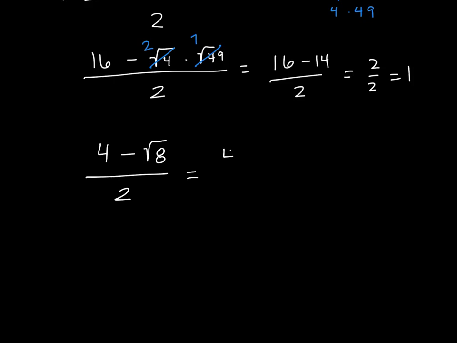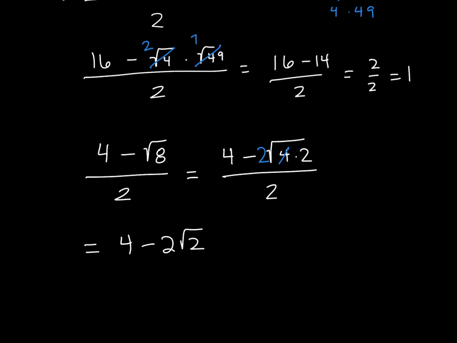So I rewrite that as 4 minus the square root of 4 times 2, all divided by 2. The square root of 4 is 2. So I rewrite that as 4 minus 2 square root of 2 all over 2. Now remember, and I'm going to keep saying this, do not combine the 4 and the 2. Those are two separate values here.